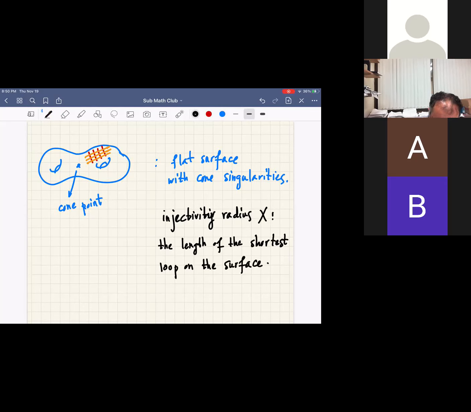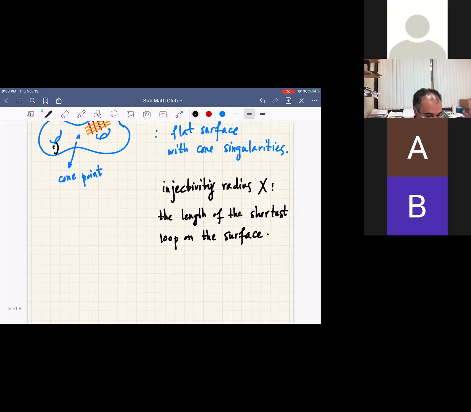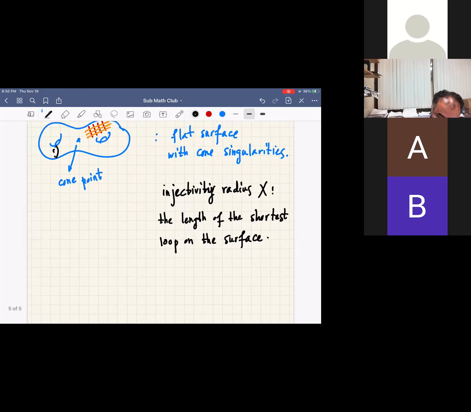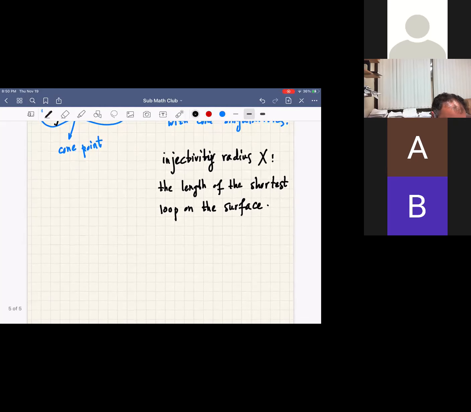So when you look at this, for example, maybe this is a loop. So you go around the handle of this surface. And when you look around, you can convince yourself that this is probably the shortest one. And the length of that is called the injectivity radius of this surface. So this is something which describes the geometry of this surface. For example, how pinched is the surface, or maybe that's the measure of that.